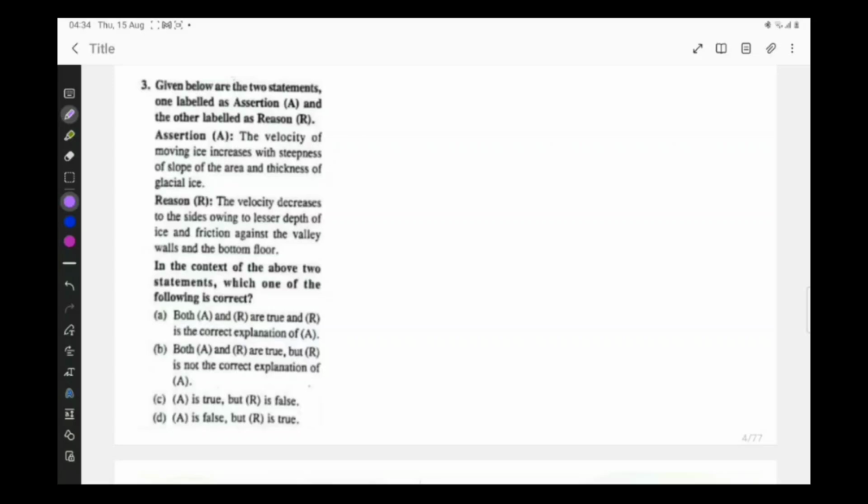See, as far as the first statement is concerned, this is true, and the second statement is also true, but the second statement is not explaining statement 1 in a correct manner. So the answer is B. Both are true, but R is not the correct explanation.